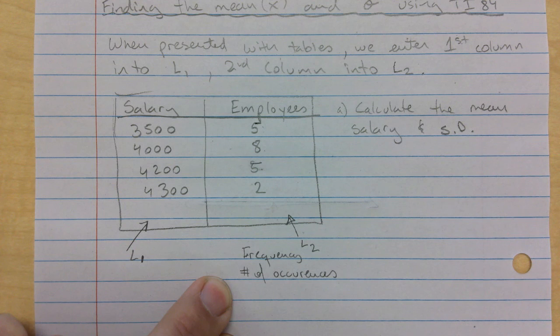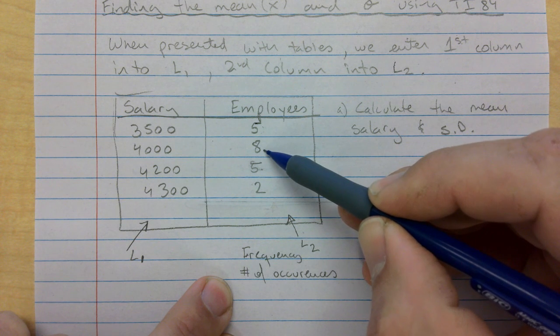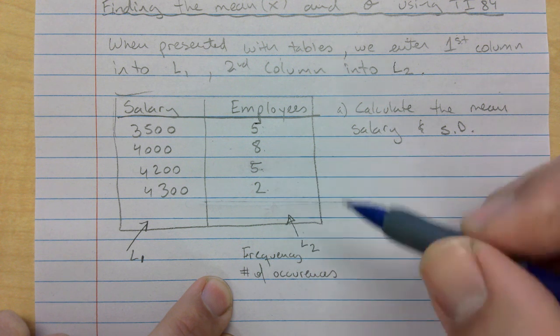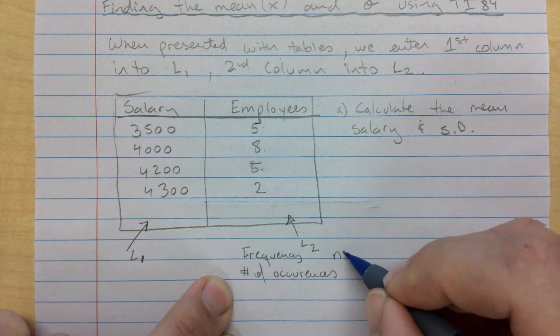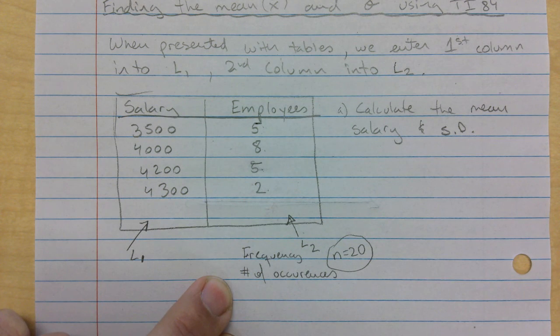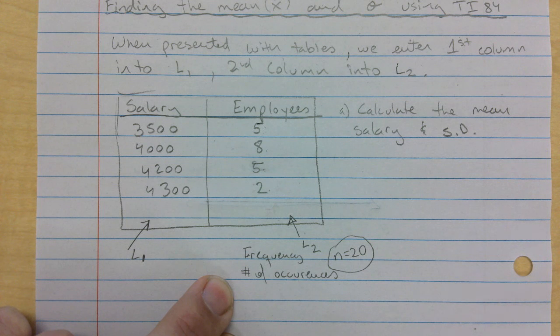So how many values do we have in total? Like how many salaries are we considering? So let's add it up. 5 and 8 is 13, plus another 5 is 18, plus another 2 is 20. So n is equal to 20. Keep that in mind when you have a question like this. There are 20 salaries we're considering.